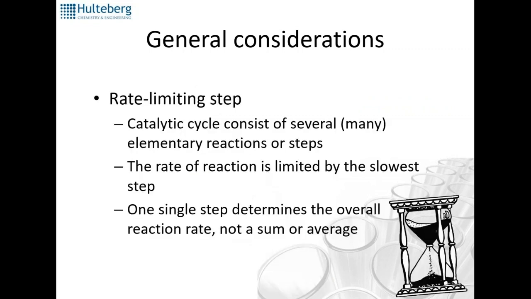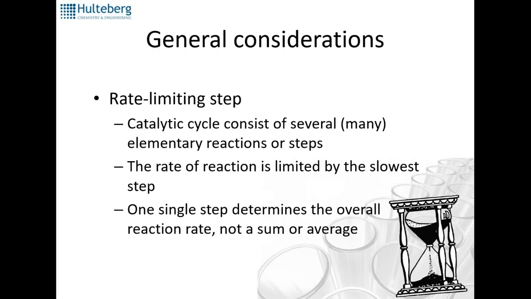We have catalytic cycles. I told you that we have this change to the site, and we have something going on, and then we come back to the original site. And these catalytic cycles can actually be many small reactions or steps. However, fortunately, one of these is always the slowest one. And the entire cycle is determined by the rate of reaction for this single step, this single rate limiting step.